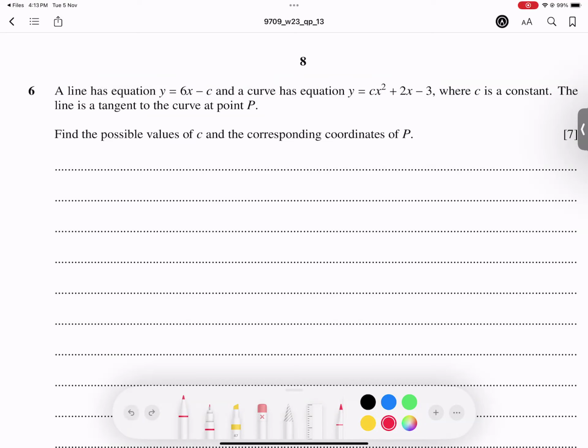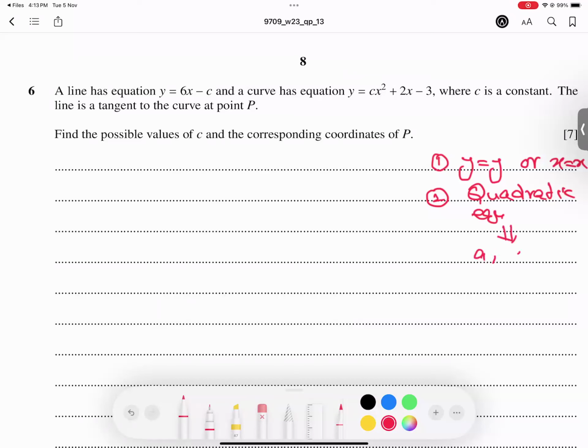There are a few steps. Step number 1: put y equals y, or x equals x. Step number 2: make a quadratic equation and get a, b, c from there.